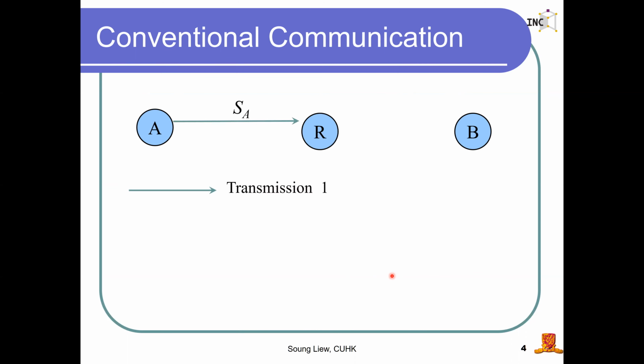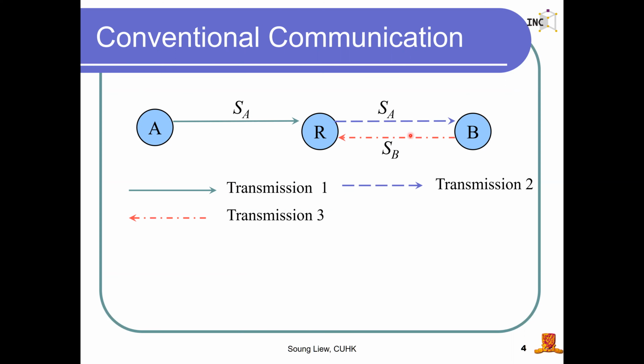A will send SA to R. This is transmission 1. R will then relay SA to B. This is transmission 2. B will send SB to R. And R will relay that to A. So altogether, there are 4 transmissions.